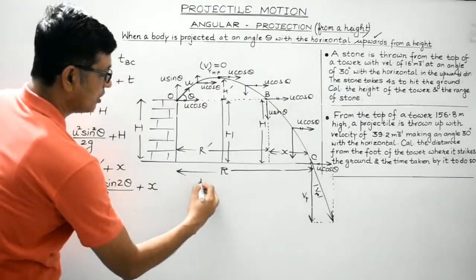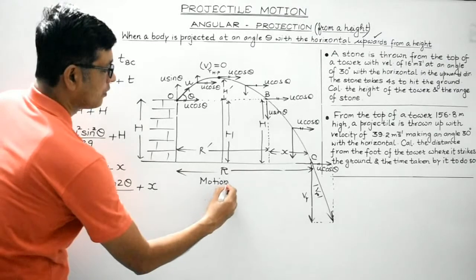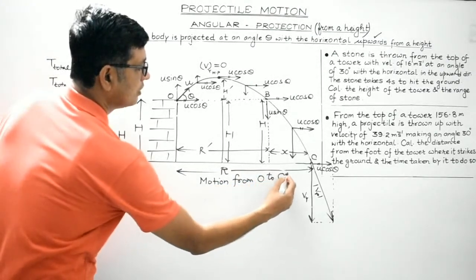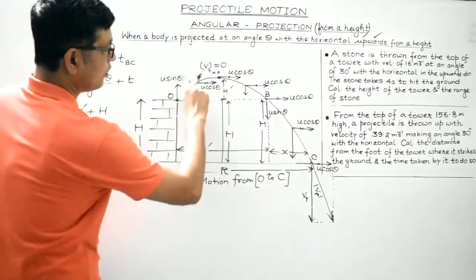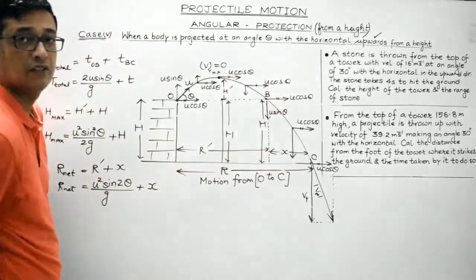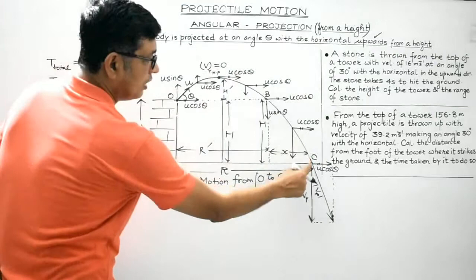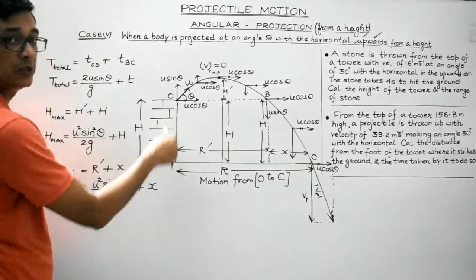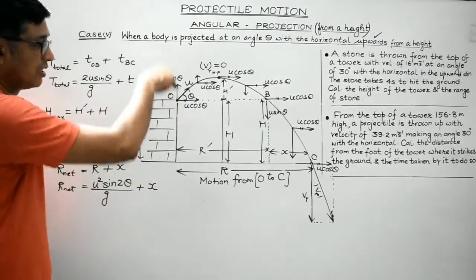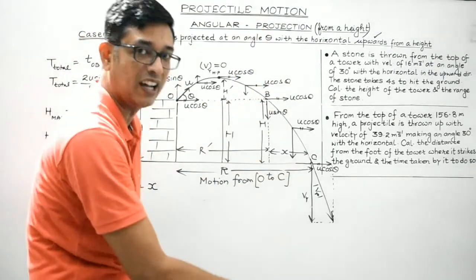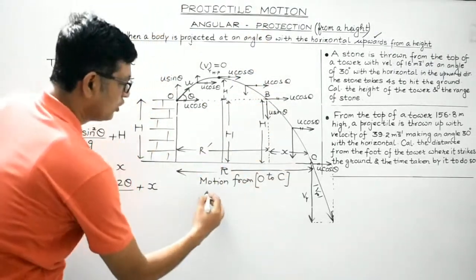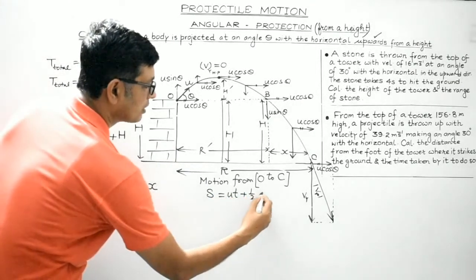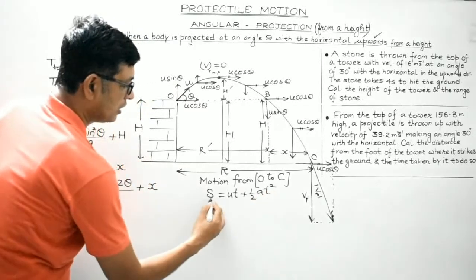If you consider motion from O to C, let's consider the motion from O to C. Clear, students? From O to C. During this time, the body is covering this vertical displacement. This is the origin, so this is the vertical displacement covered along the negative y-axis. Remember that. Let's make use of the second equation of motion, s equals ut plus half at square, along the vertical.